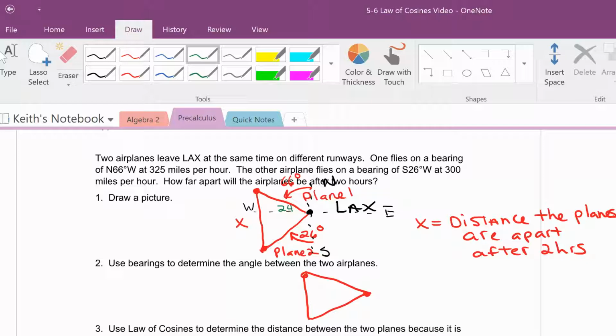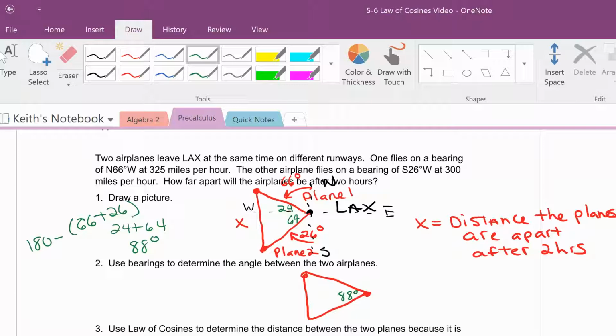And if this is 26, then this space here would be 90 minus 26, which is 64. So 24 plus 64 is going to give you 88 degrees. So this angle here is 88 degrees. You could also have said 180 minus 66 plus 26 and gotten the same thing.